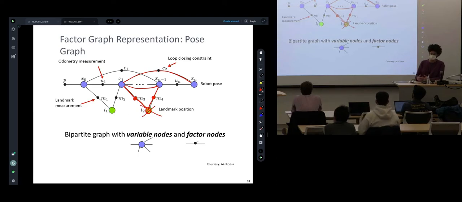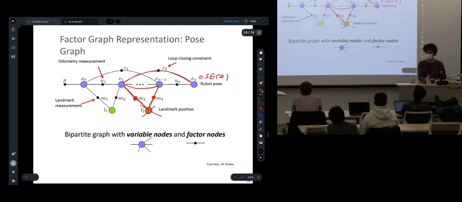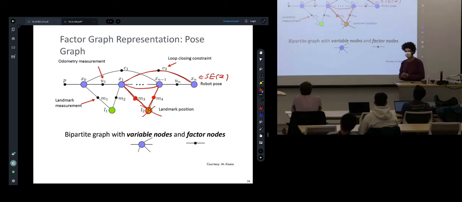So there's no limitation on how you do it as long as you have this constraint. But it's very specific what type of constraint you get once you define your variables. If it's SE2, it is not abstract; this constraint must also be some sort of SE2 measurement between two poses. It's a relative transformation.